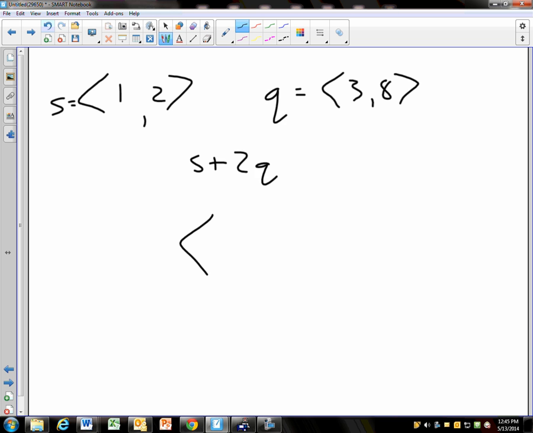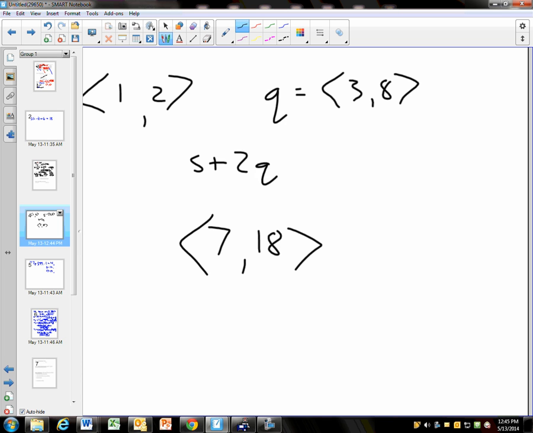I take the horizontal part of S, which is 1, plus 2 times the horizontal part of Q. So 1 plus 2 times 3, 7. Then I move to the vertical part. S is 2 now. Q is 8. 2 plus 2 times 8. 18. Is that better? Okay. Very good.